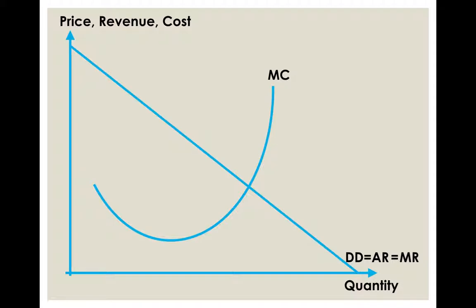Okay, so now that we've established that the MR curve is the same as your demand curve, this means that the profit maximizing quantity for a first degree price discriminating firm will be at this point. And the price charged, there is no single price charged because we are talking about first degree price discrimination, whereby everybody is being charged a different price.